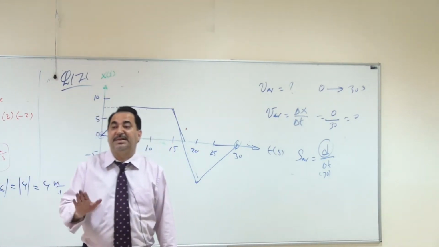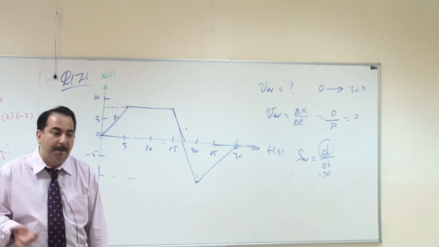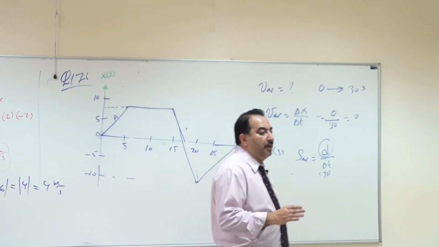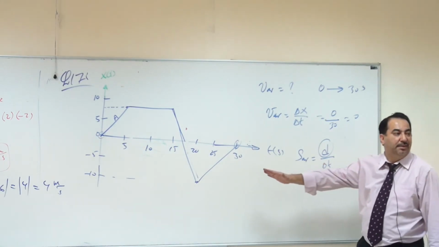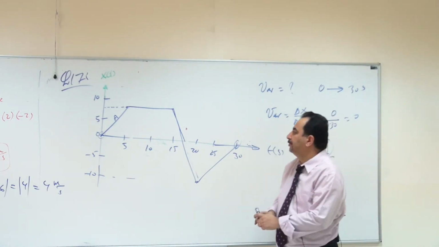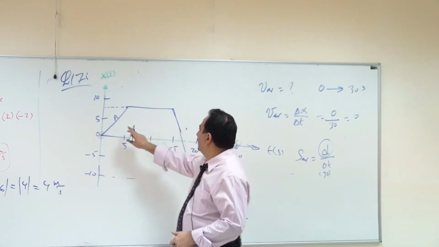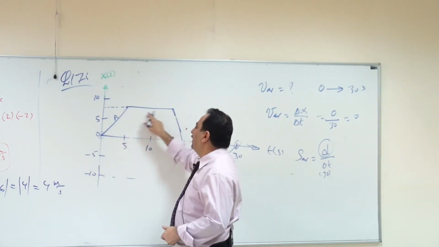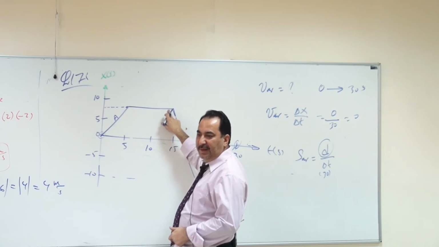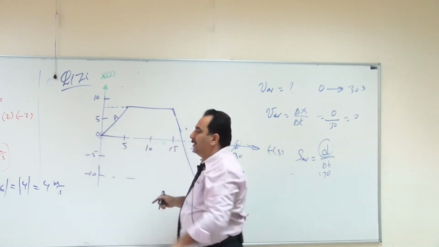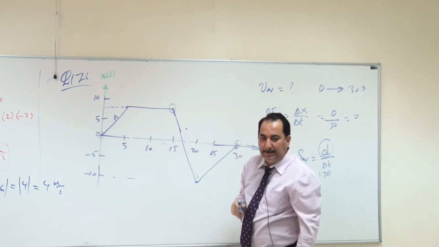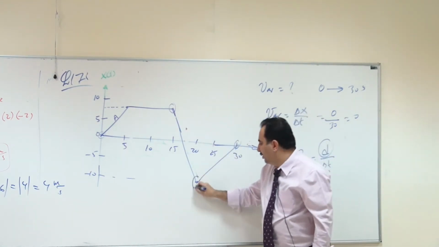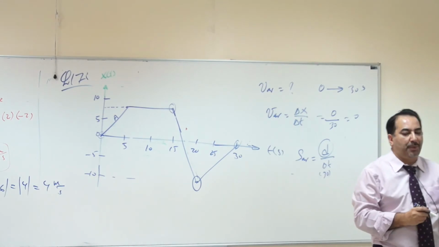Is it the same as displacement? No, because you have to think if you have turning points or not. Do we have turning points? At what time? 5 and 15. Either you say 5 or 15 is better, yes? Because it's a plateau. So from 0, this is the first, and second. So I have 2 turning points.